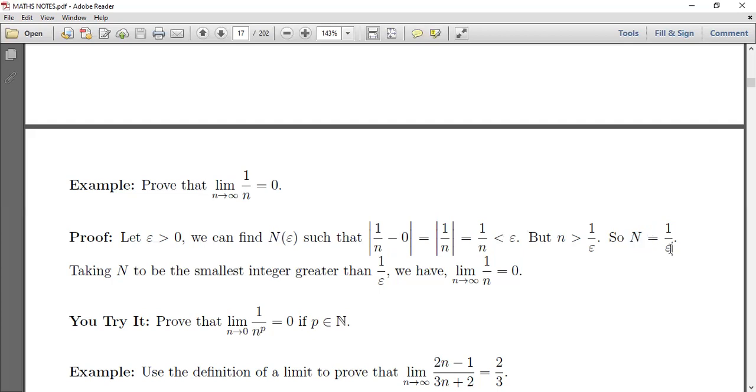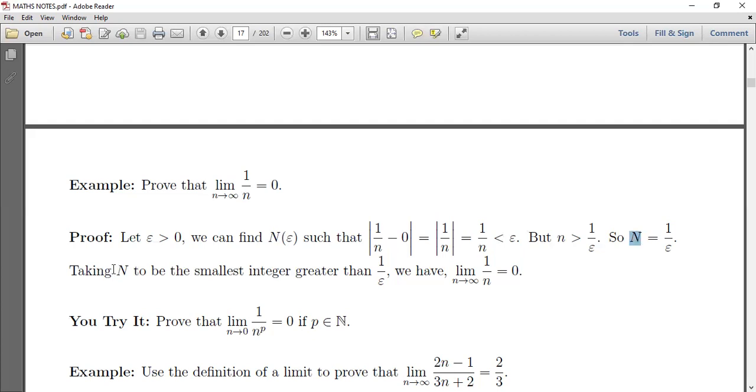Here you can see that when N is equal to 1 over epsilon, we find N as epsilon approaches 0, because we want epsilon to be as small as possible.